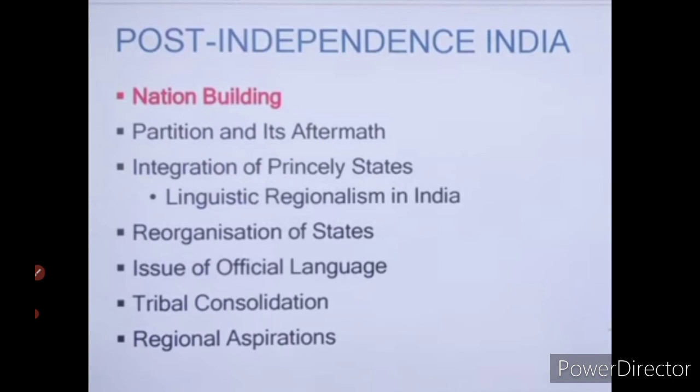As we all know, Hindi is our official language and English is chosen to be the associate language of our country, India. So English is the associate language of India.